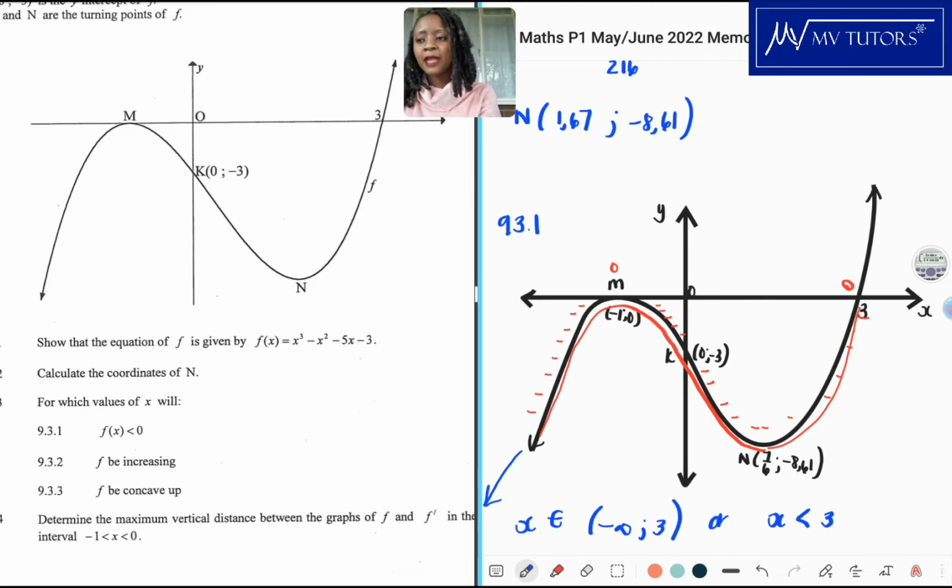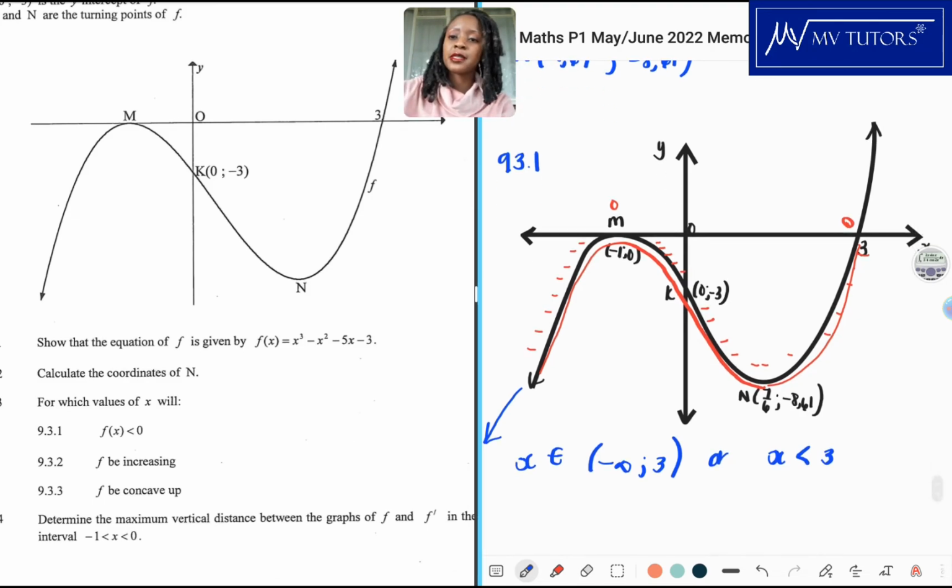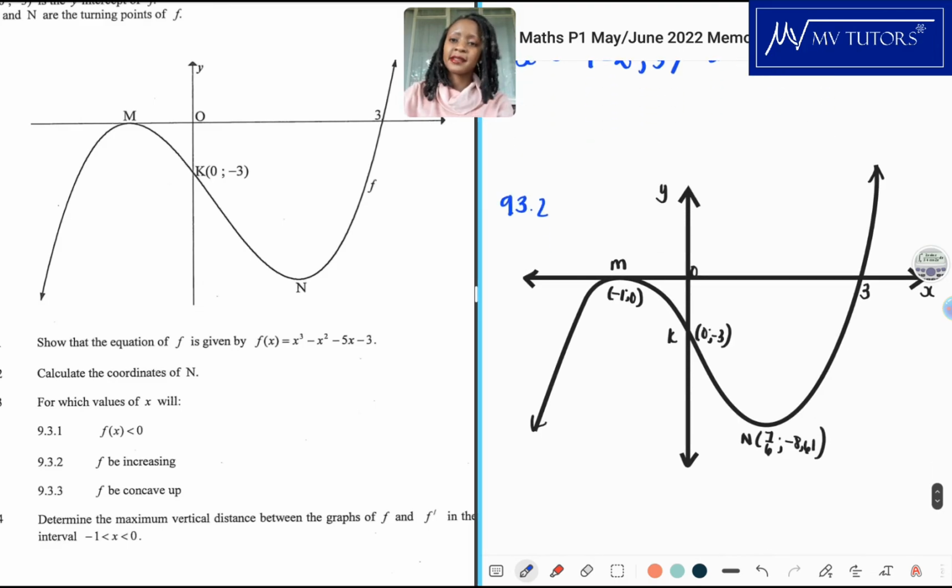Then 9.3.2 asks for the values of x where f will be increasing. F is increasing up until we get to m, so all the way from negative infinity to 0. Then it starts decreasing in this region, it's going down.